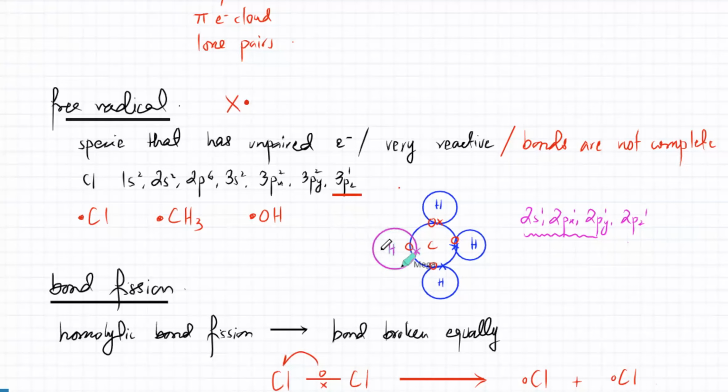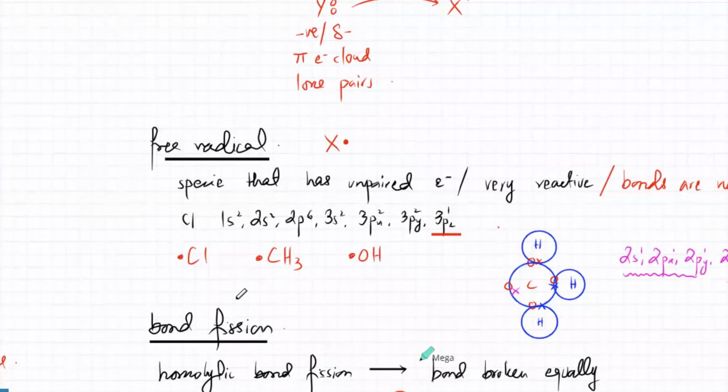It's going to try and make the fourth bond. Once it makes the fourth bond, it no longer needs electrons. It doesn't even have space to keep electrons now. So now it's not going to be very reactive. But before that takes place, this thing will be extremely reactive. Is that clear? TK, is that clear what a free radical is?